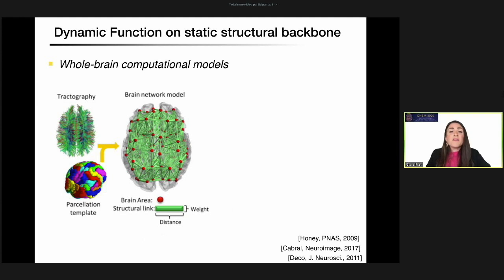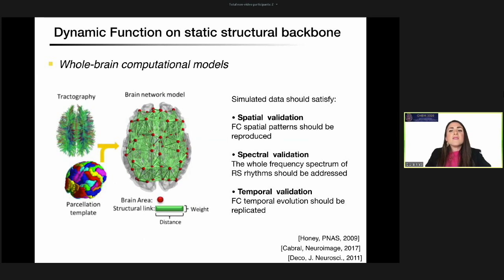Even if many different generation approaches exist in the literature for these models, what became clear in recent years is that simulated data should not only satisfy a spatial criterion, meaning that the FC spatial patterns should be reproduced, but should also satisfy spectral and temporal criteria.